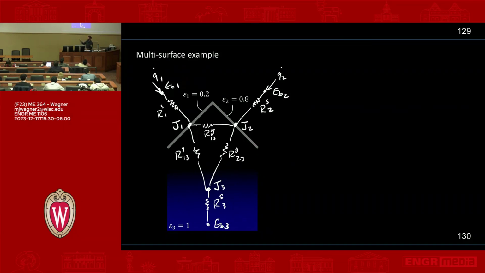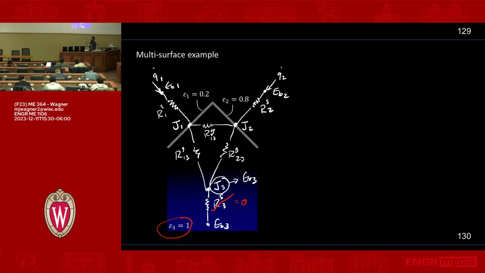Some fine points now to deal with here. Down here on the surroundings, the emissivity of surface 3, the surroundings, is equal to 1. What does that say about the resistance here? This here is 0. Going back to what we talked about in the last slide, that's saying this radiosity here is actually EB3.